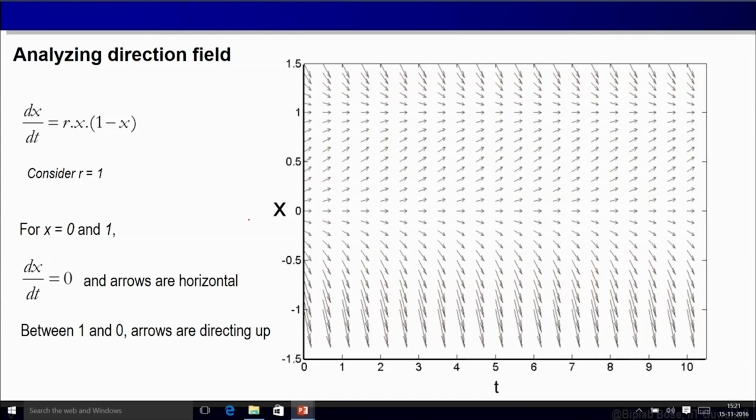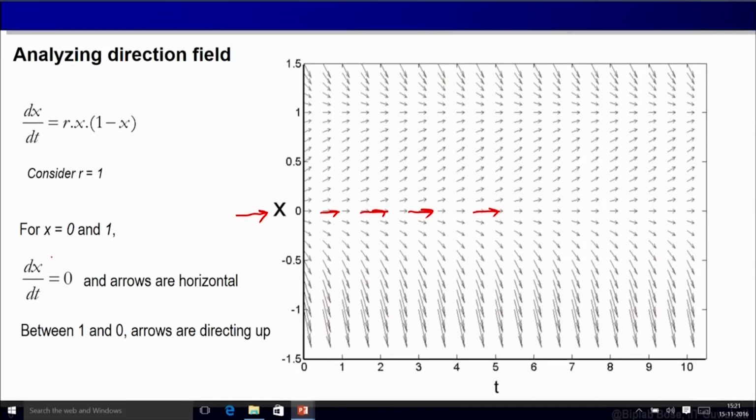Notice that when x is equal to 0, your arrows are all horizontal. Horizontal arrows are coming because the slope at those positions is equal to 0. That means dx/dt is equal to 0 at those positions. You have another value, x equal to 1, where all arrows at any time point you can see are horizontal.